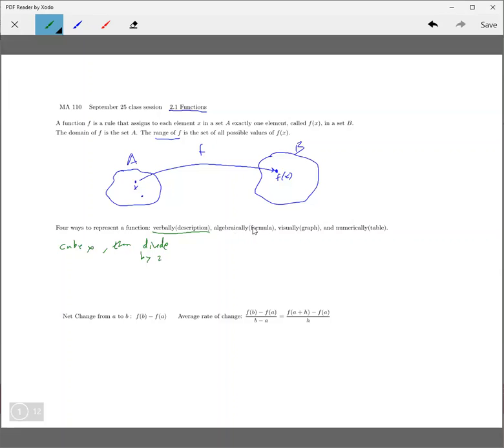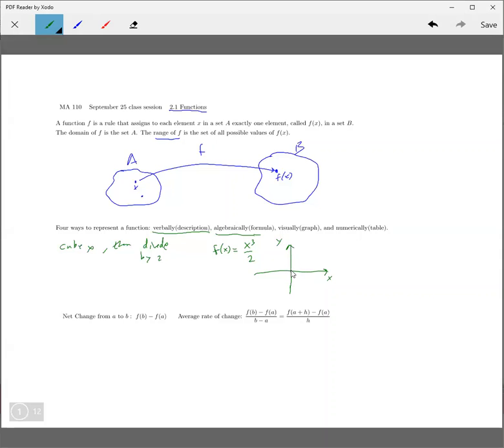Another form is algebraic, with a formula. And this same function you could describe like, okay, so you're cubing x, and then you're dividing by 2, right? You can do it visually with a graph with the x and the y coordinates. So the x usually represents the domain, the y-axis represents elements in the codomain or the range.